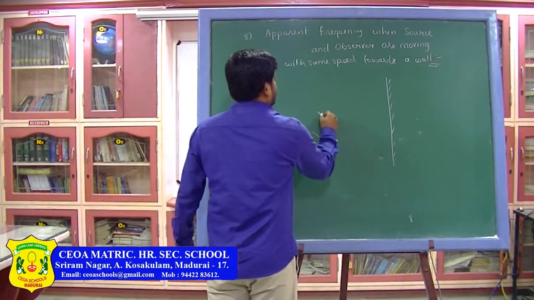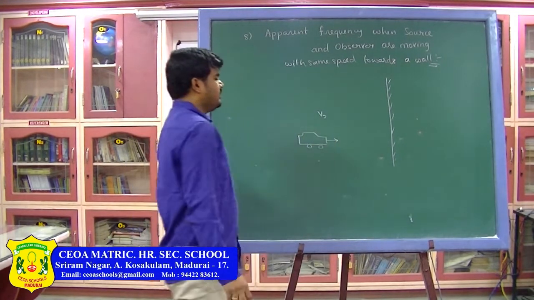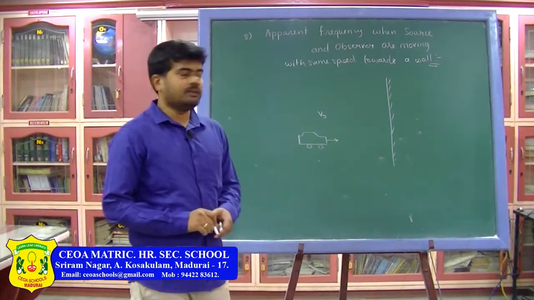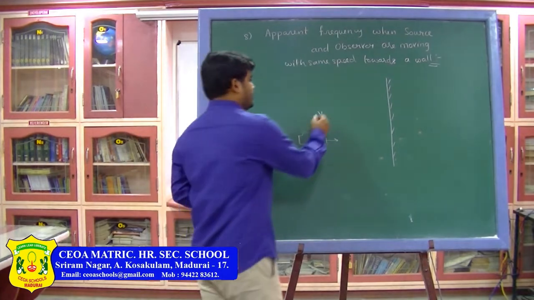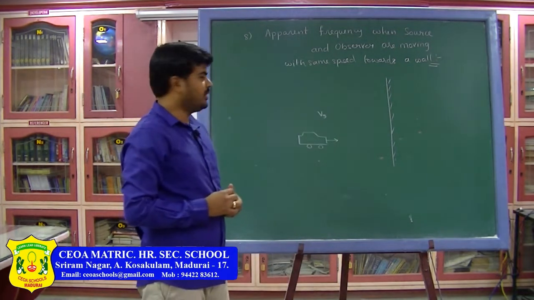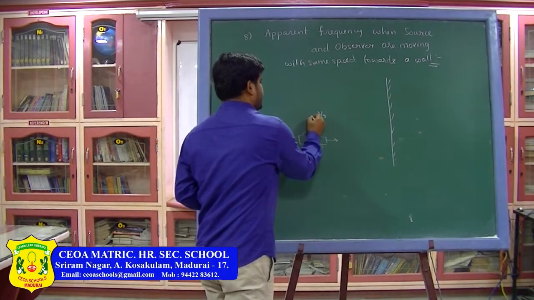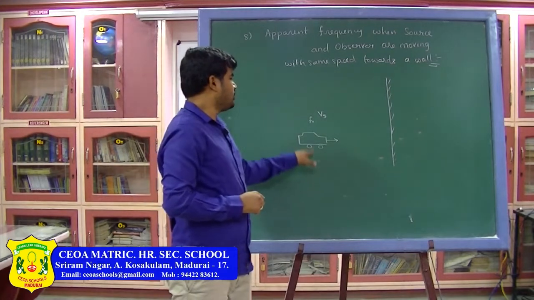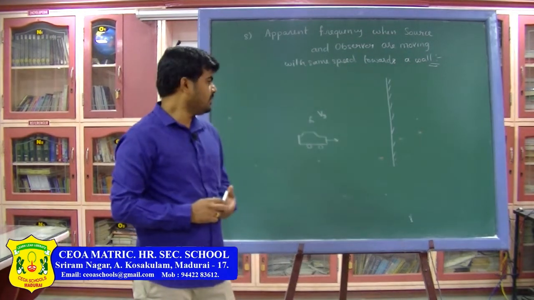Let the speed of the source be Vs. Of course, the driver of the car is the observer in this case. So, this source is moving towards the wall with a speed Vs. It is producing a frequency f naught, the actual frequency of sound produced by the source.